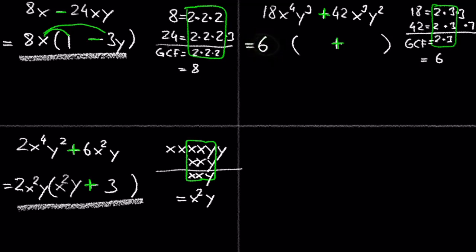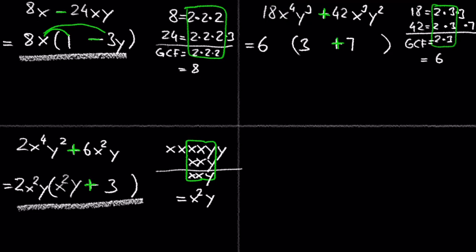Six times 3 is 18, and 6 times 7 is 42. What about the variables? Can we take x to the fourth out of both terms?